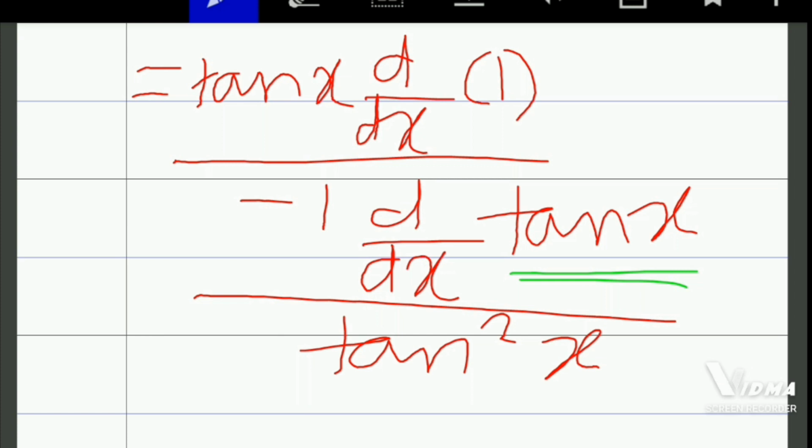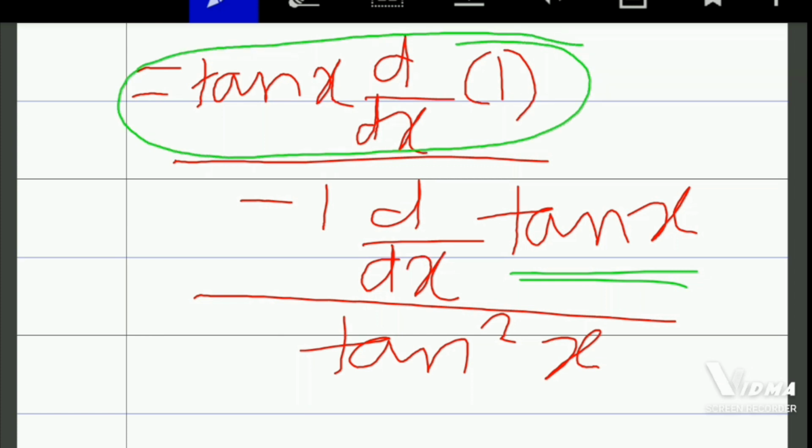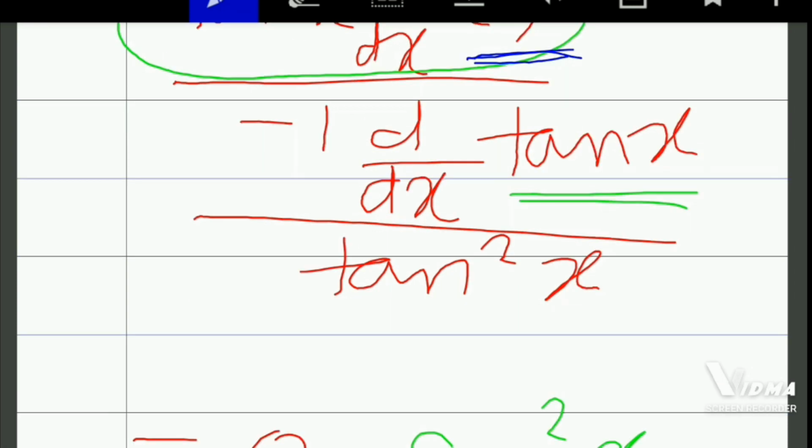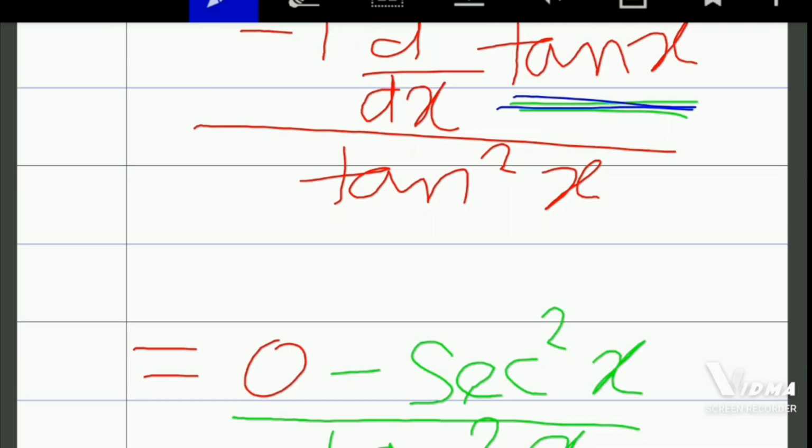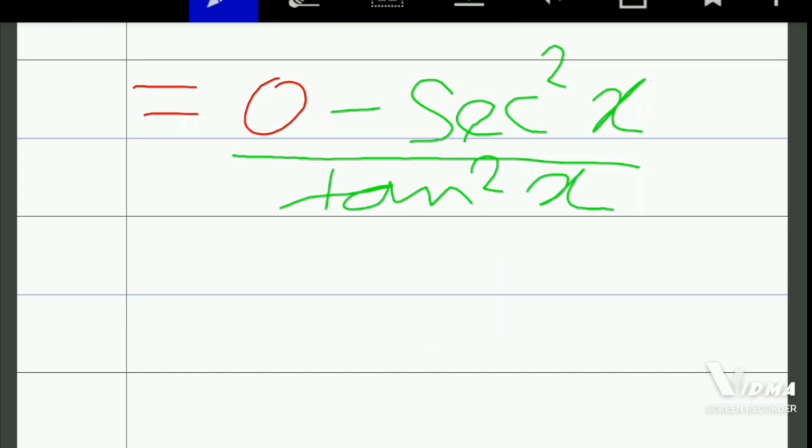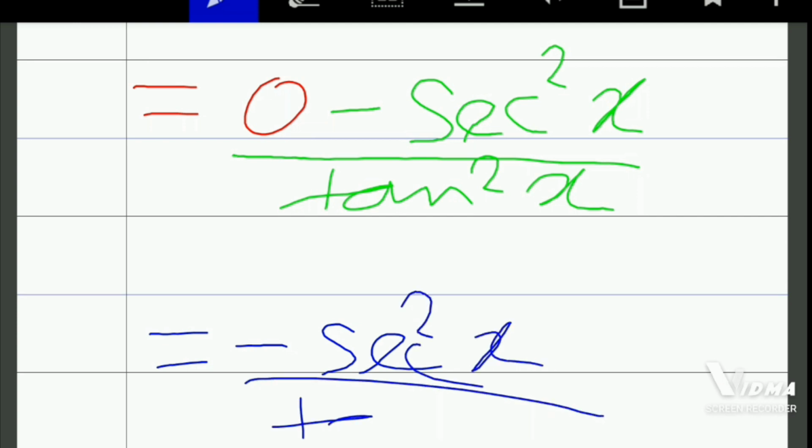Again I am going to tell you, this would be 0 as the differentiation of a constant is 0, and the differentiation of tan x would be sec square x, and this tan square x would remain as it is. Therefore the overall answer would be minus sec square x by tan square x.